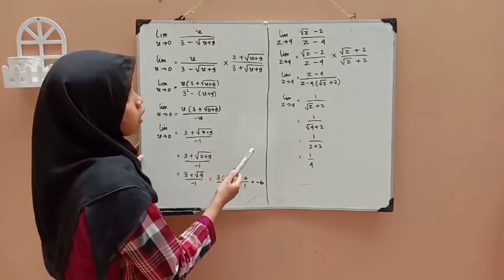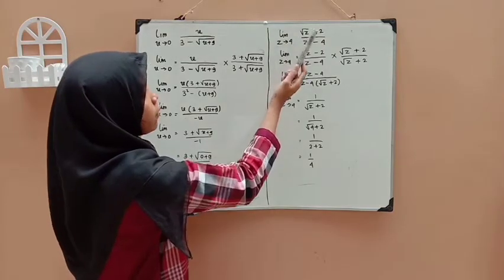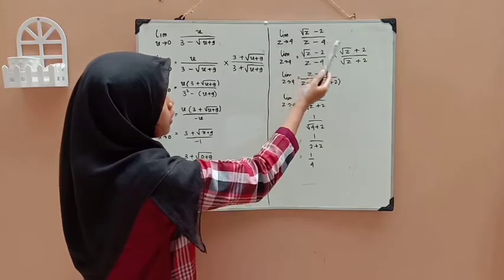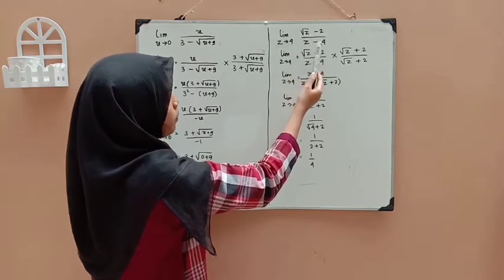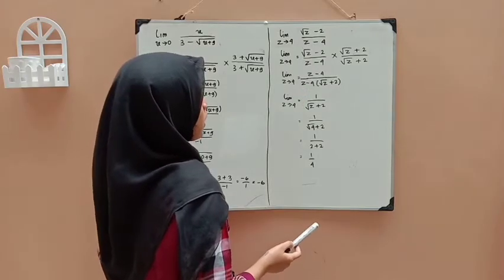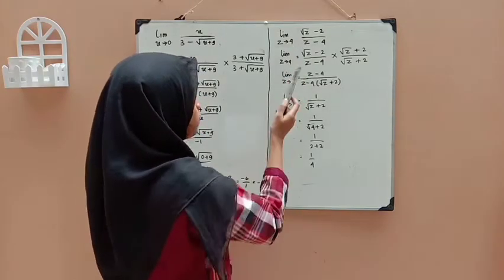Next question is the limit of root of z minus 2 over z minus 4 as z approaches 4.